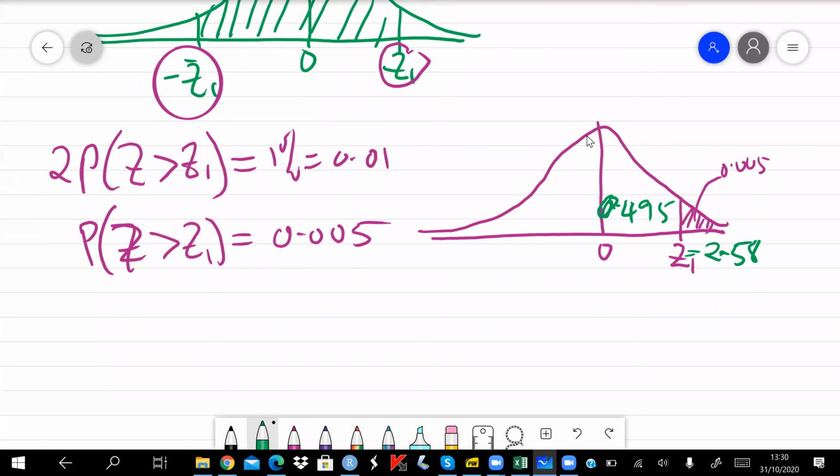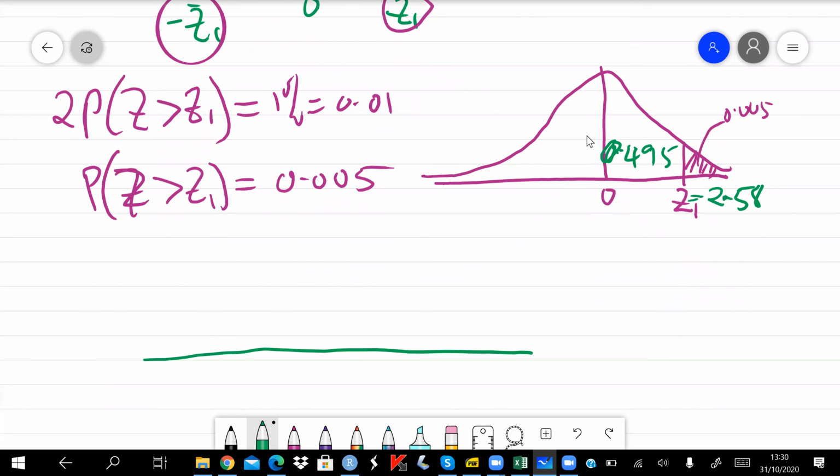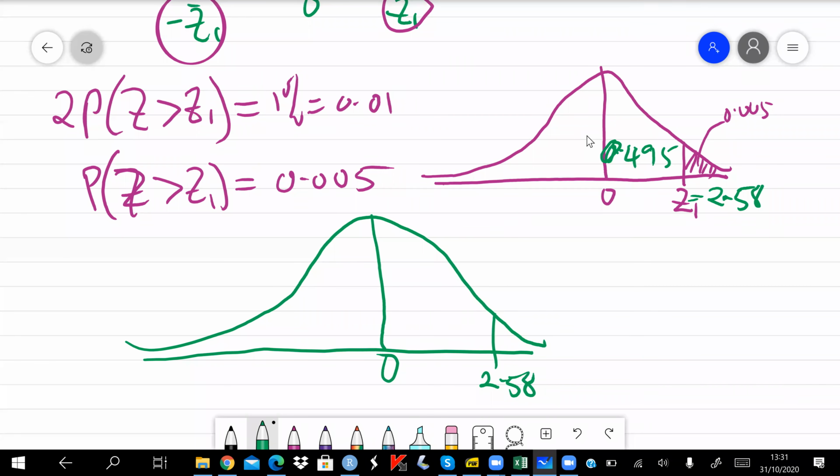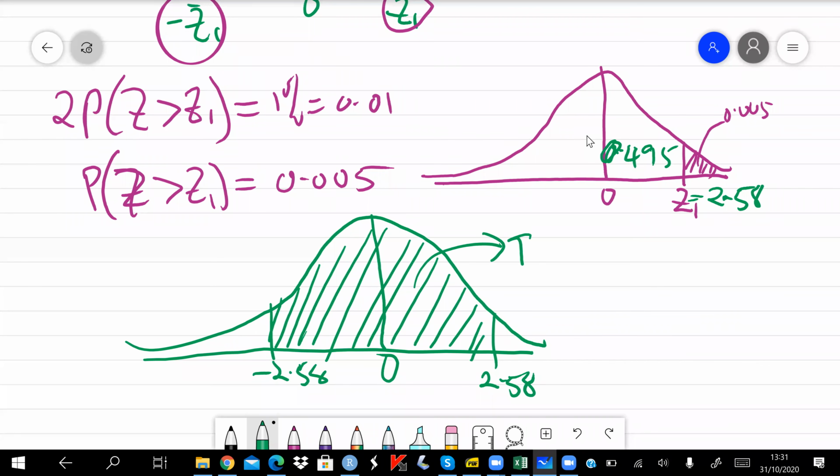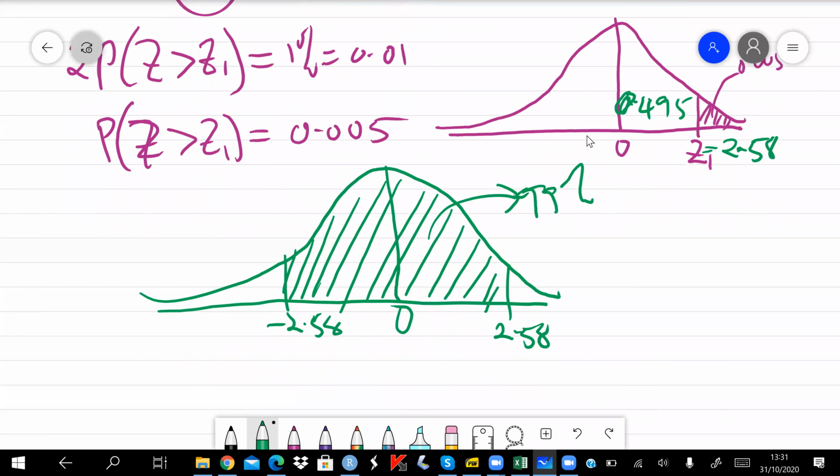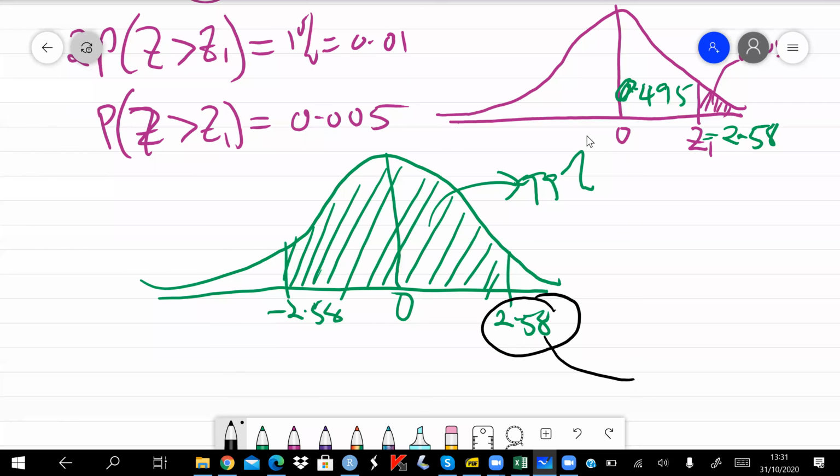So that means 99% of the normal distribution lies within these. Here we have 2.58 and here minus 2.58. So this is where you find 99% of the distribution. So the value 2.58 is what we were saying in our earlier statement, that it is about 2.5 standard deviations of the mean.